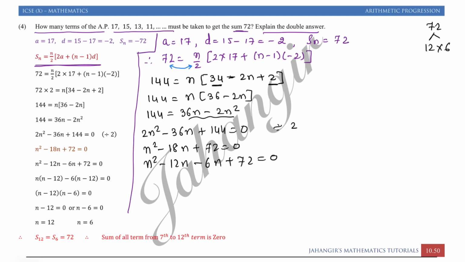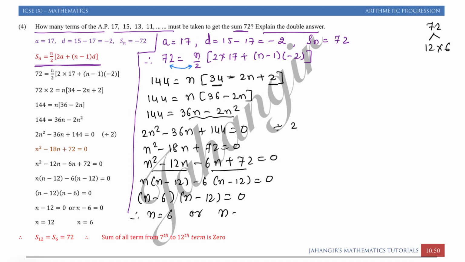This is a basic quadratic equation. If you know quadratic equations properly, these sums are very easy. n common, n minus 12, minus 6 common, n minus 12 is equal to 0. So n minus 6, n minus 12 is equal to 0. Therefore n is 6 or n is 12.